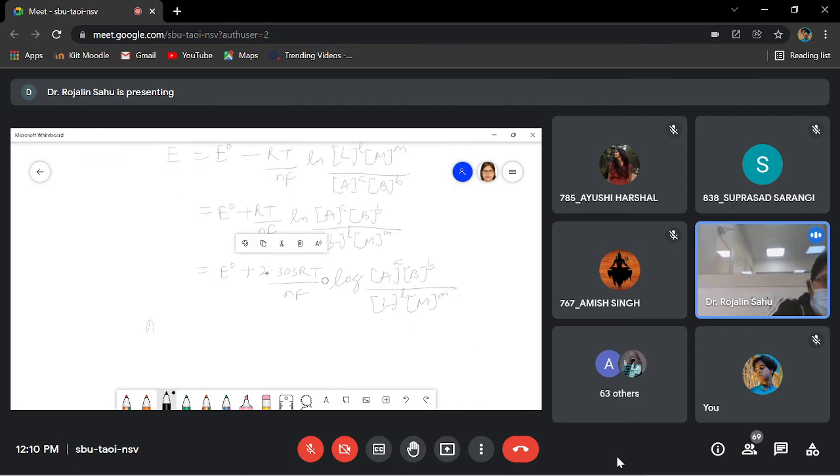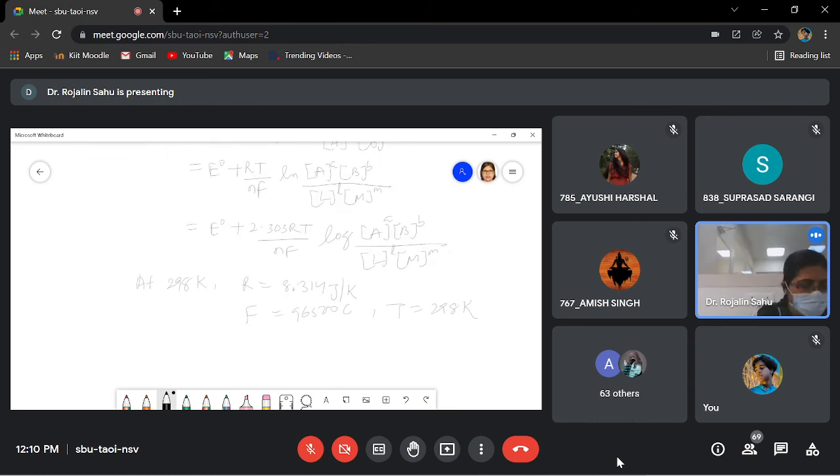So at 298 Kelvin, R is equal to 8.314 Joule per Kelvin, and F is equal to 96,500 Coulomb, and T is equal to 298 Kelvin.